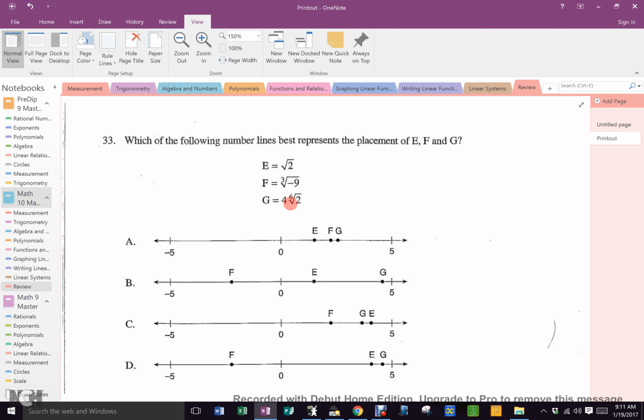Because F is in the negative. F has to be negative, so it has to be A or B. And then the 6 square root of 2 is way bigger than the square root of 2. Yeah, of course it has to be bigger than the square root of 2, right? Cool?